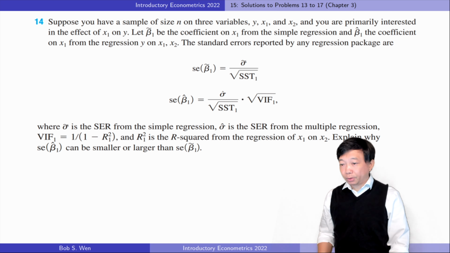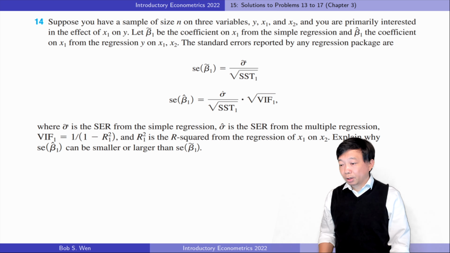The standard errors of the two estimators are as follows. The sigma tilde is the standard error of the regression from the simple regression, and the sigma hat is the standard error of the regression from the multiple regression. VIF is the variance inflation factor.